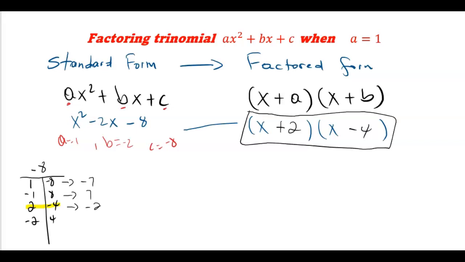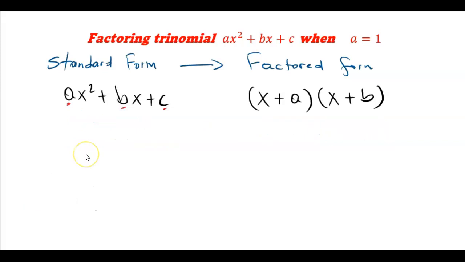Okay, so let's do another example. All right, here's another example. Let's say we have x squared plus 10x plus 12. So we need to factor it as x plus something, times x plus something else.